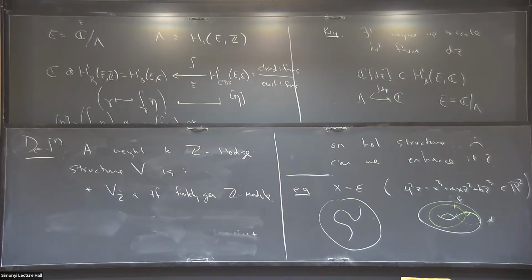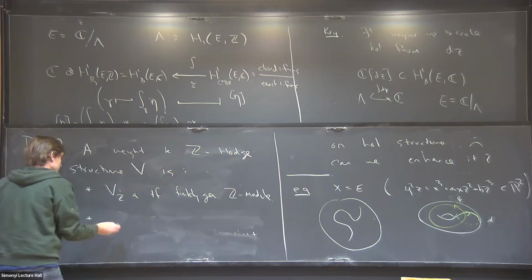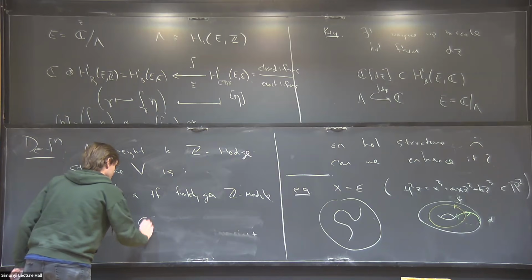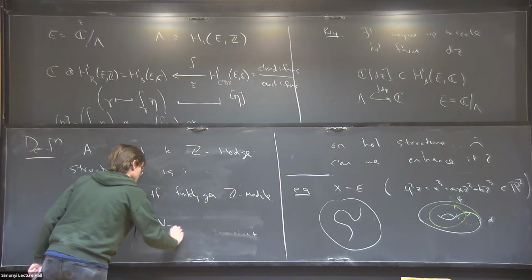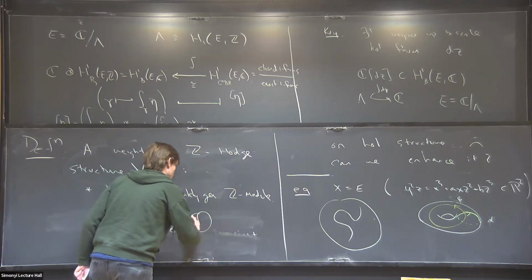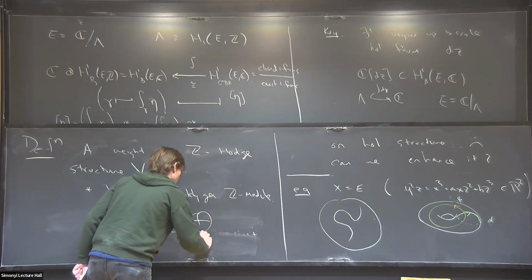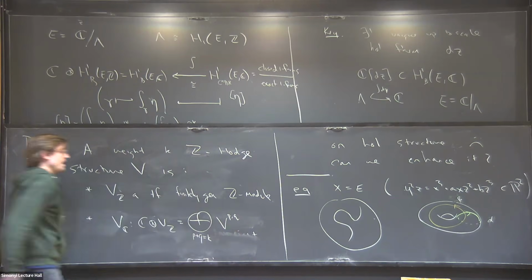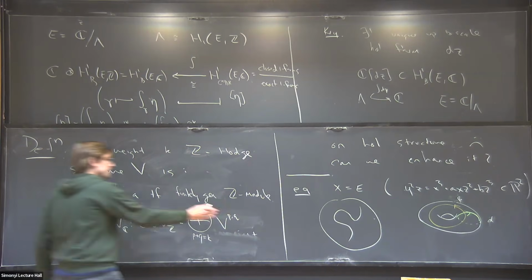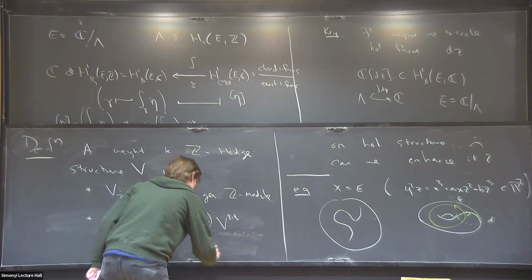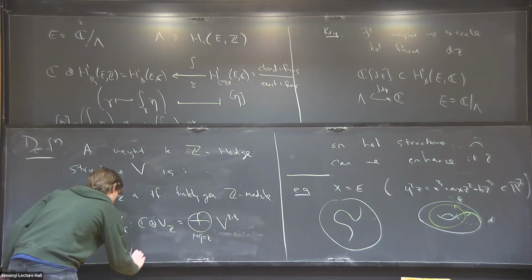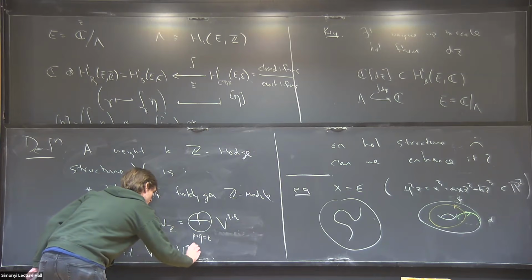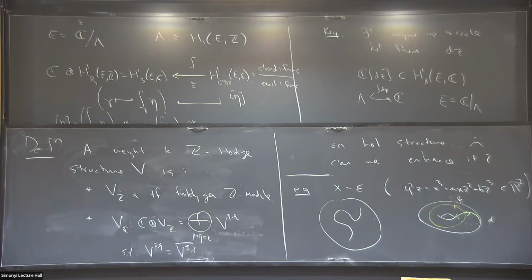And a decomposition over C: if I take V_C, which I define to be C tensor V_Z, I give myself a decomposition into pieces V^{p,q}, where p and q sum to k, which satisfy a conjugate symmetry, such that V^{p,q} is the conjugate of V^{q,p}. And that's the definition.